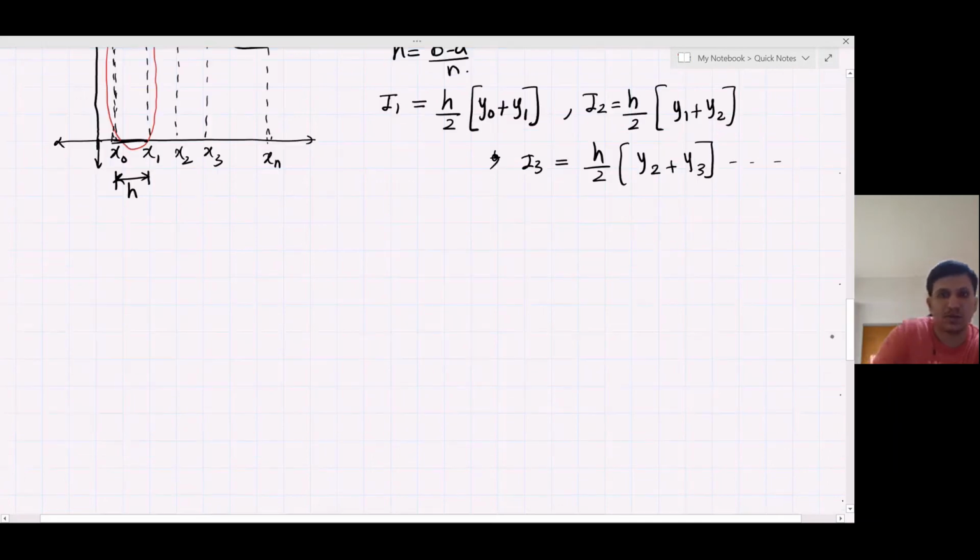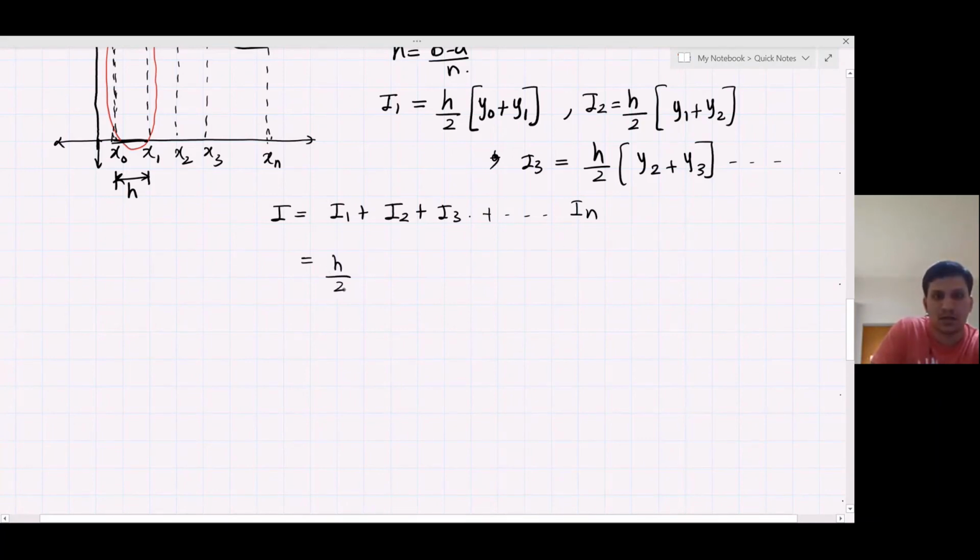So the total area under the curve is the summation of all these integrations up to In.